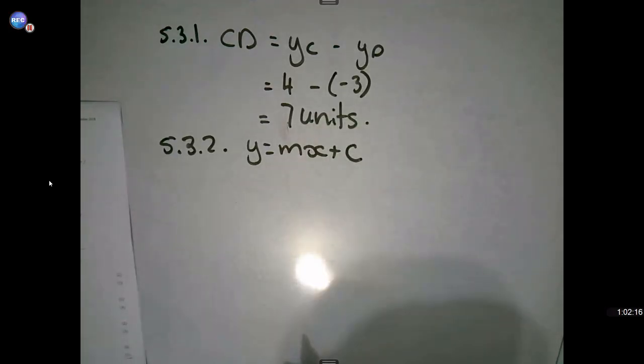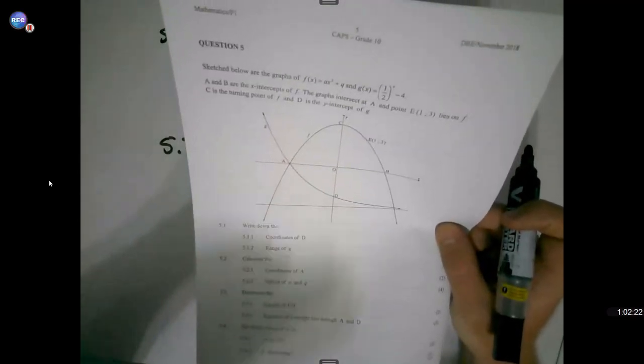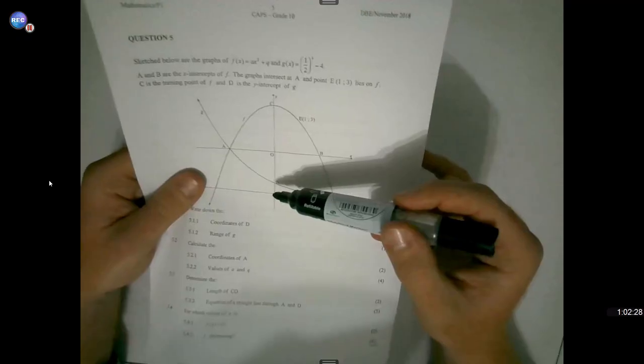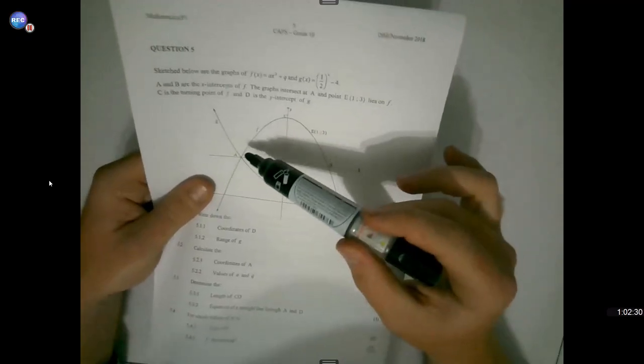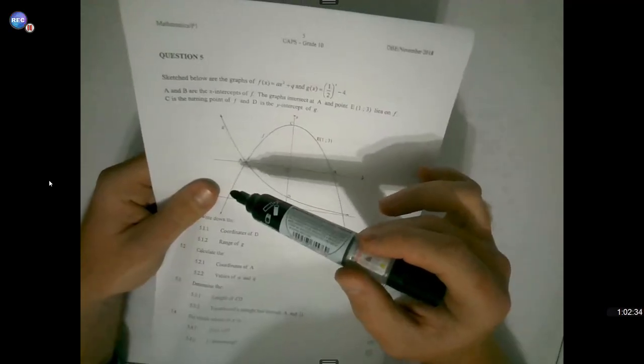And then you need to pick up the following: the y value for D is negative 3, and then the x value for A is negative 2 in this case.